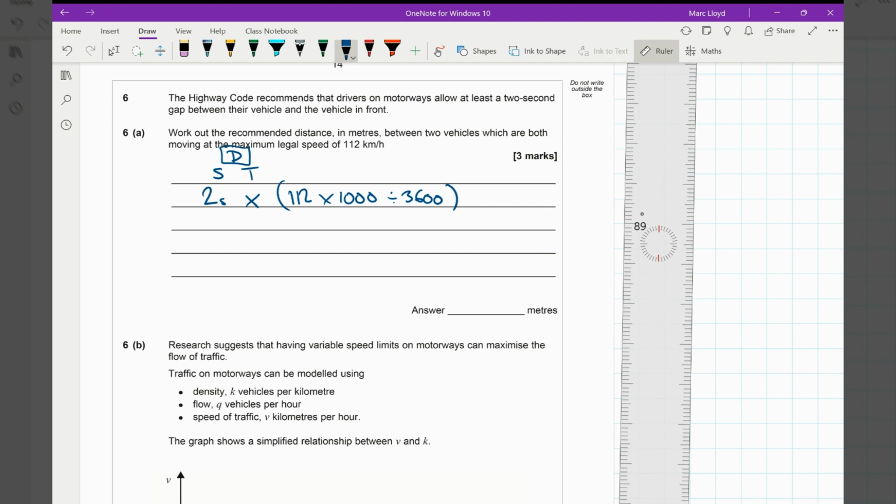Now, run that through your calculator. I actually got 2 times by 31.1 recurring, which gives us 62.2 recurring, and I've given that as 62.2 rounded to one decimal place. So 62.2 meters.